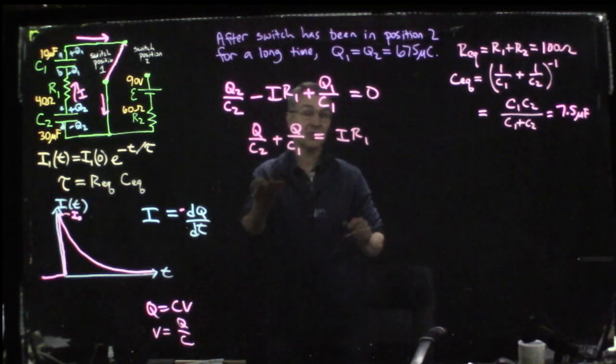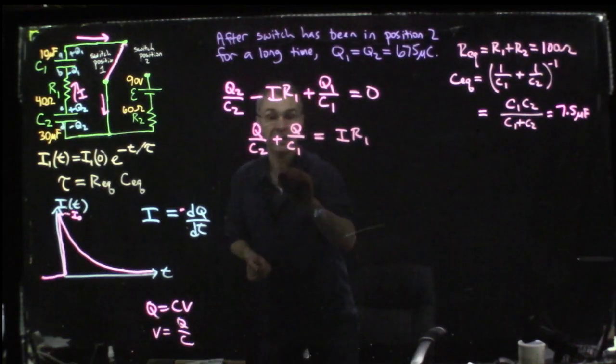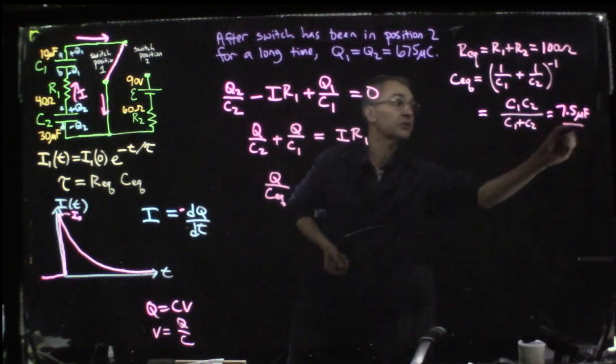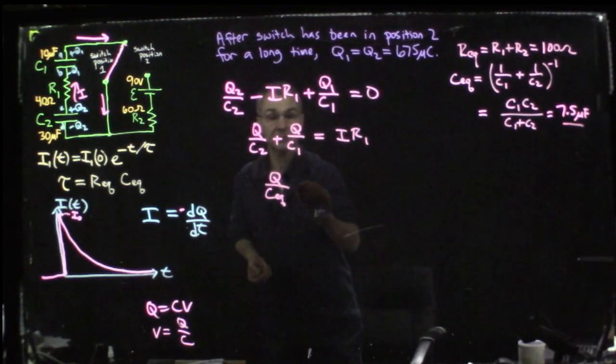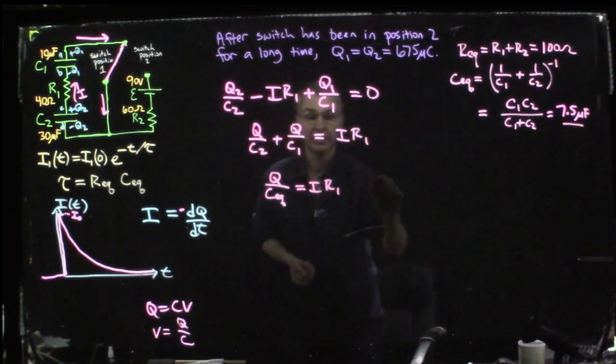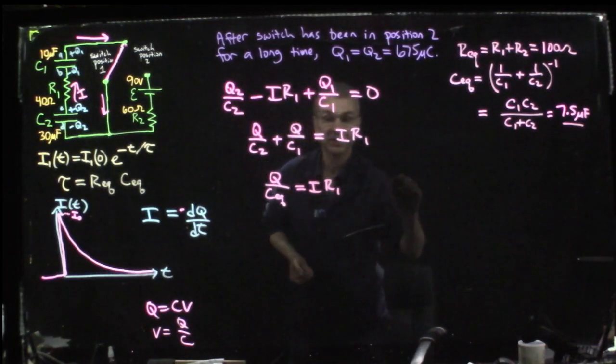That is actually the same equation as Q over C equivalent equals IR1. This is still true. I was going to put a 0 here, I don't think I need to.